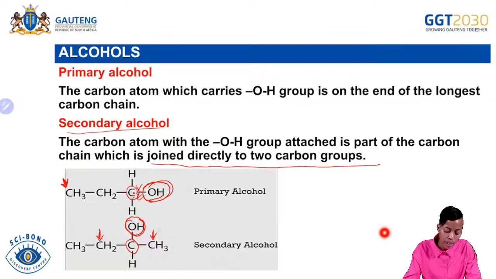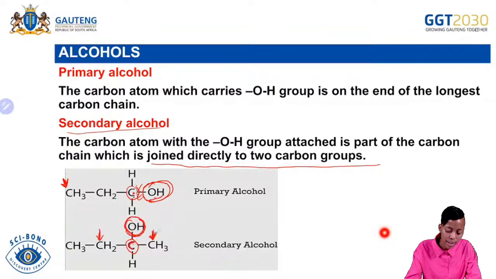So I am repeating, I'm saying this carbon that is carrying the OH group is attached to what? To two other carbons. That is a secondary alcohol. Primary alcohol, this carbon that is carrying the OH group is towards the end, but I said the end can be the first or it can be the last carbon.